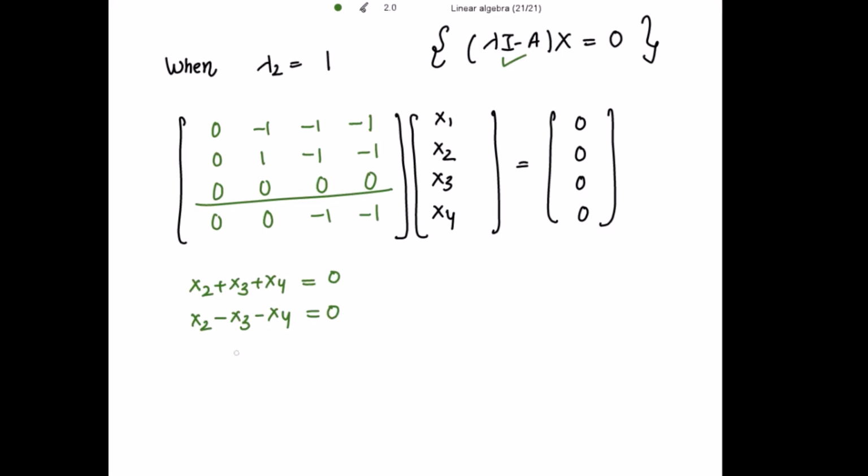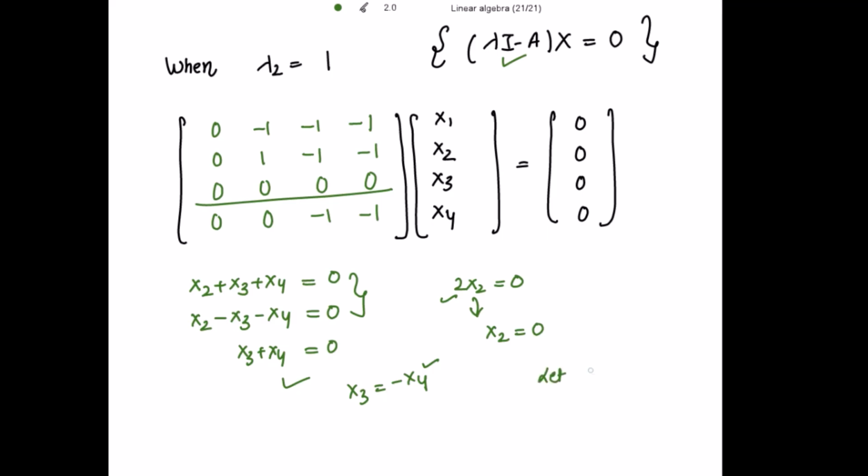And then the fourth equation, x3 plus x4 equal to 0. On adding these two equations, we get 2x2 equal to 0. 2 is non-zero, right? That means x2 is 0. And from the last equation we get x3 equal to negative x4. Whatever value I give to x4, x3 is negative of that.